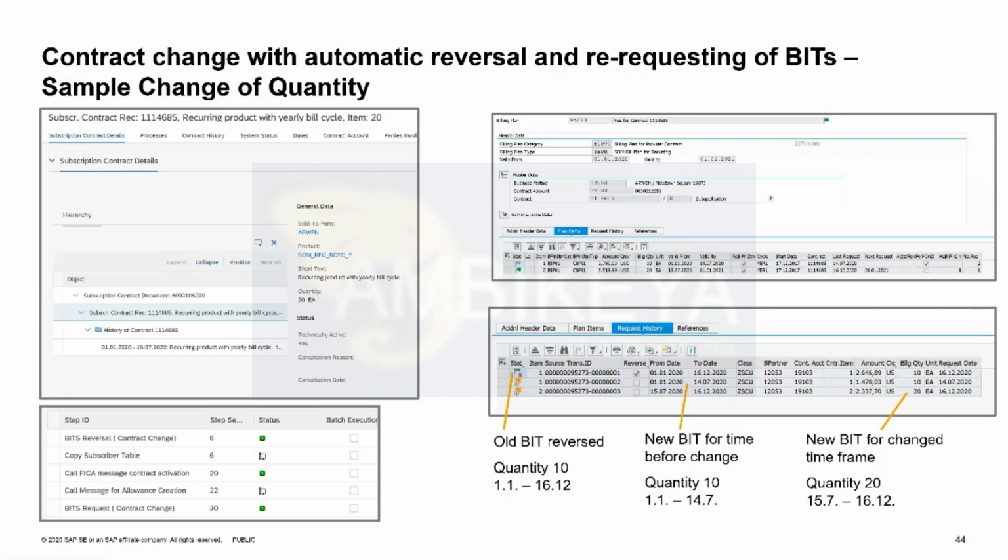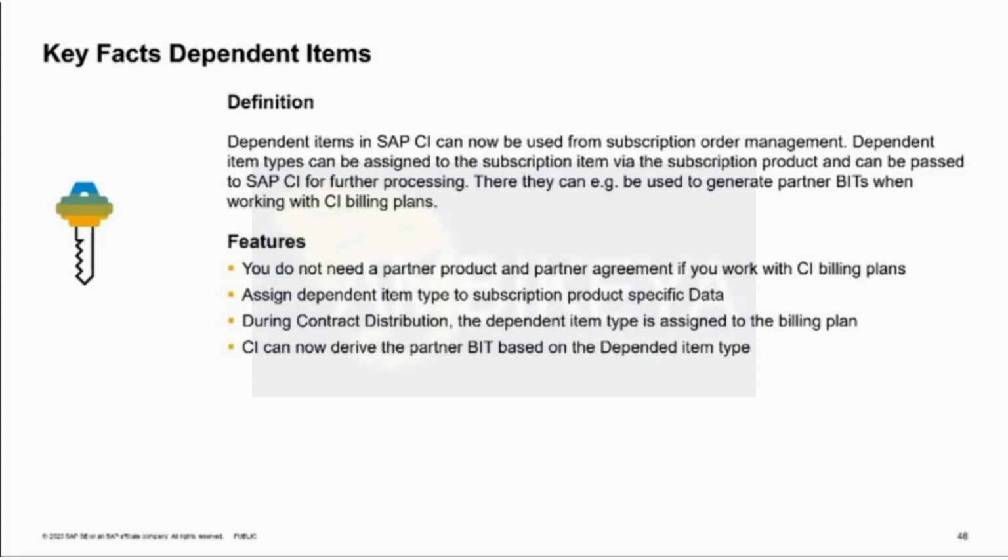The first one will be the old quantity up to the date when the change got active, and then another one when the quantity has to be updated. So we run the change on the 14th, so the quantity 10 will be valid until the 14th, and then starting from the 15th, we will have an updated quantity of 20.